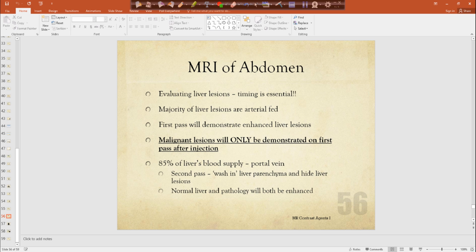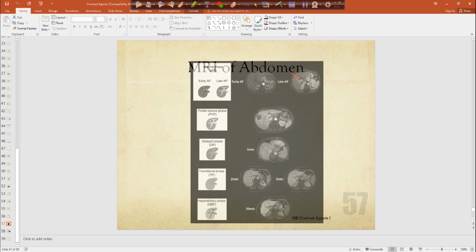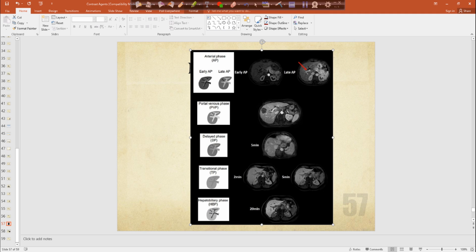So malignant lesions may only be demonstrated on the first pass after injection. This is a good slide to show you the different phases. Let's blow this up a little bit. This is early arterial phase. So you should see the kidneys enhancing, just the outer portion of the kidney, the contrast near the cortex.